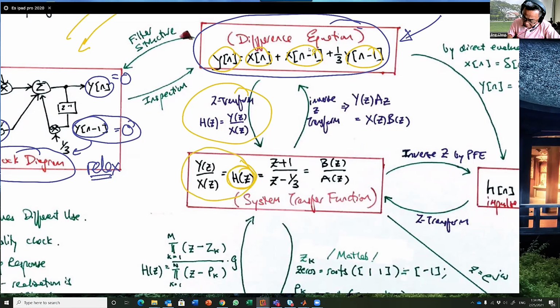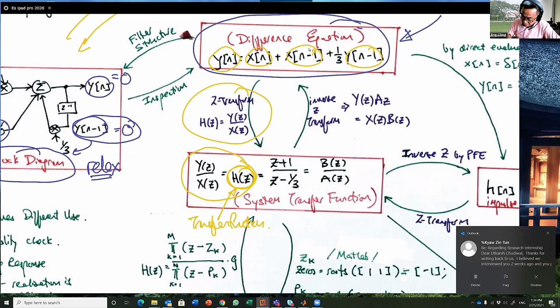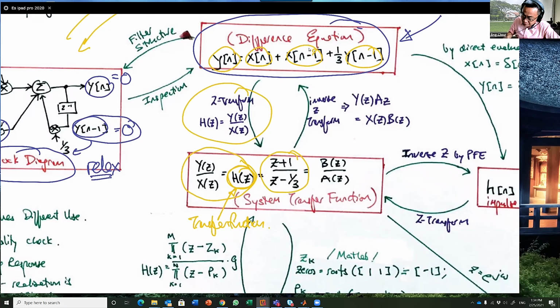H(z) has a name. This name is called the transfer function. And once you have the transfer function, then you would have a rational function of z. And this z, typically, you get negative powers of z, because originally, now let me repeat this.